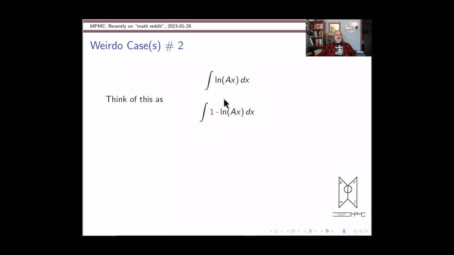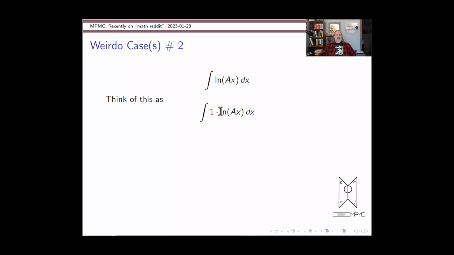So which one of these two parts would we like to trade for its derivative? Well, with the 1, if we choose that as the part that we're going to trade for its derivative, that derivative is 0. And so the new integral involving that would certainly be simple, but it would not help us solve the problem.